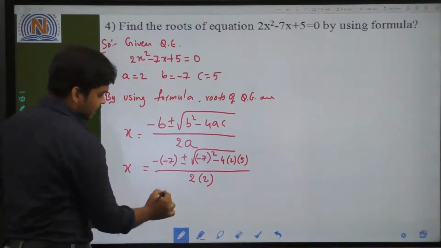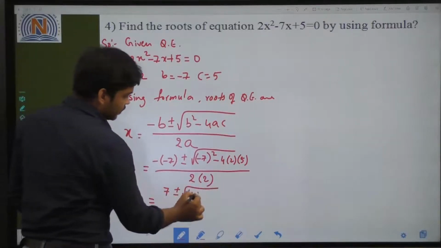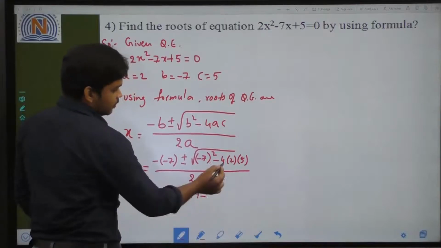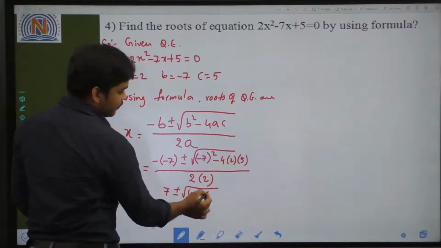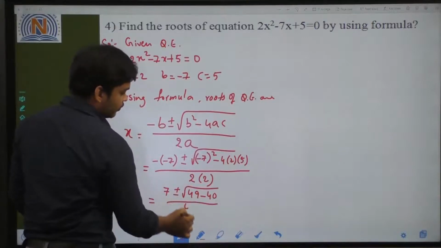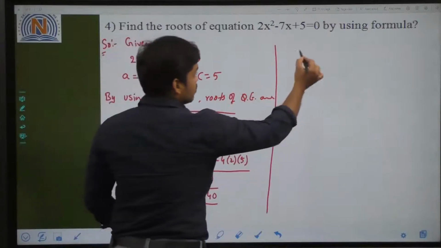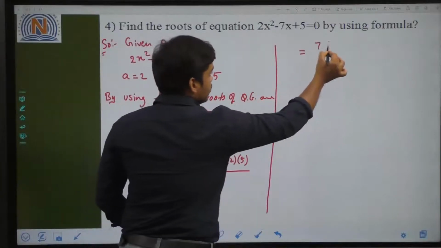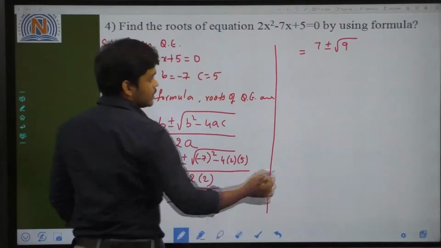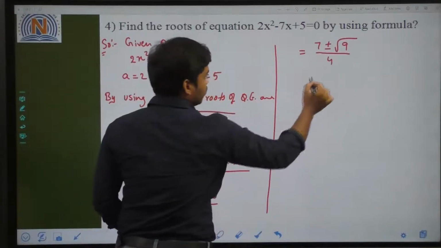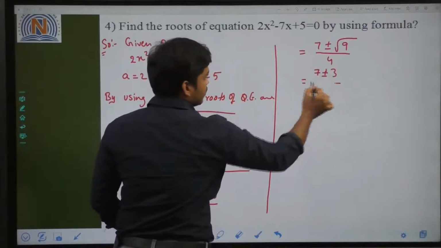Simplify this: minus into minus is plus, so 7 plus or minus root over 7 square, which is 49, minus 4 times 2 is 8, 8 times 5 is 40, by 4. So now 7 plus or minus root over 49 minus 40, which is 9, by 4. See children, 7 plus or minus 3 by 4.